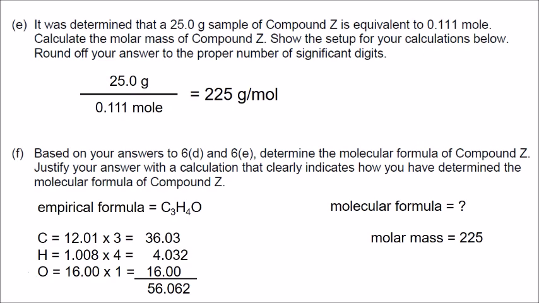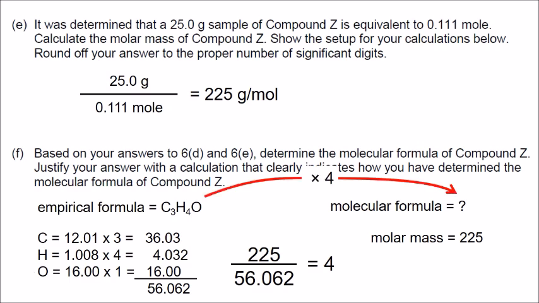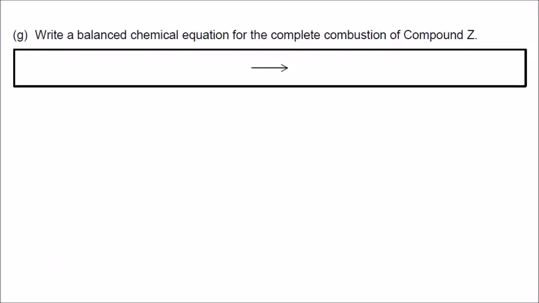So the multiplier to get from 56 to 225 works out to be 4. So therefore, the empirical formula will be multiplied by 4. And this gives us a molecular formula of C12H16O4.